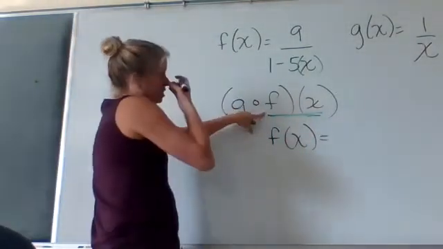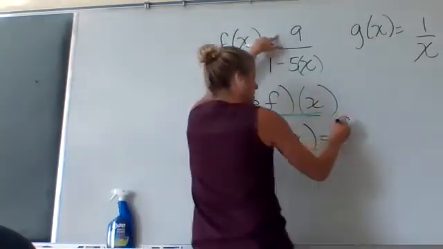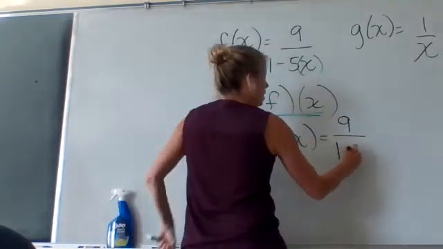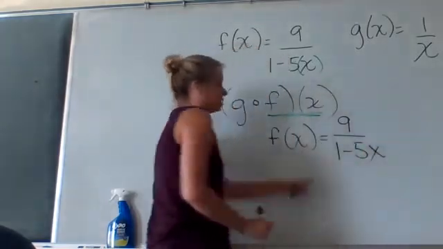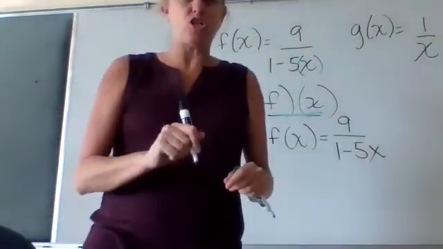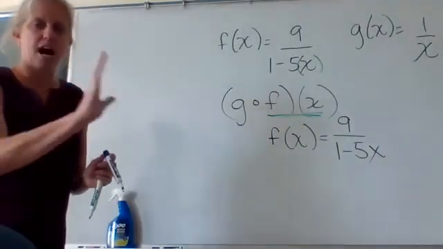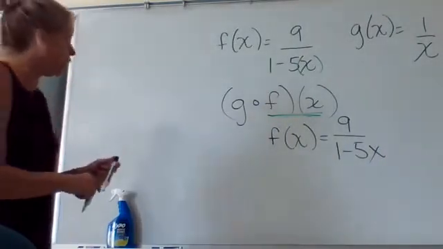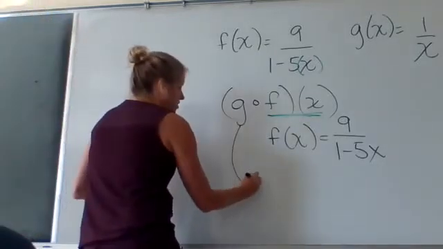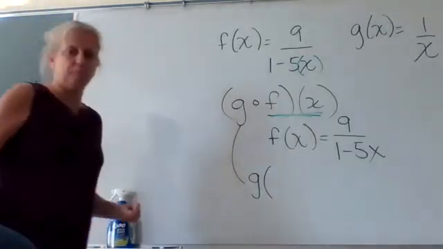So f of x is what? 9 over 1 minus 5x. That is the first spot that you're going to look for restrictions in your domain. So you kind of just pause there before you find the g part of your problem.